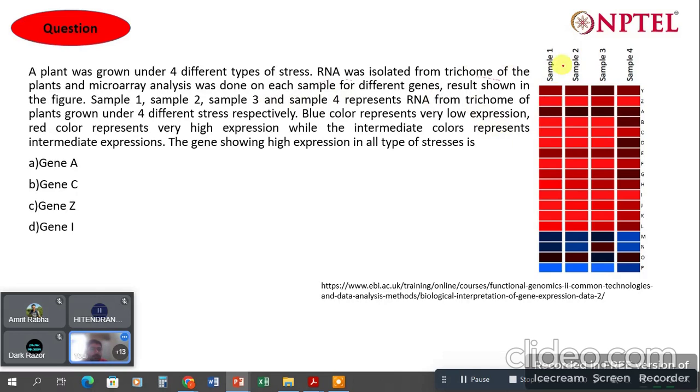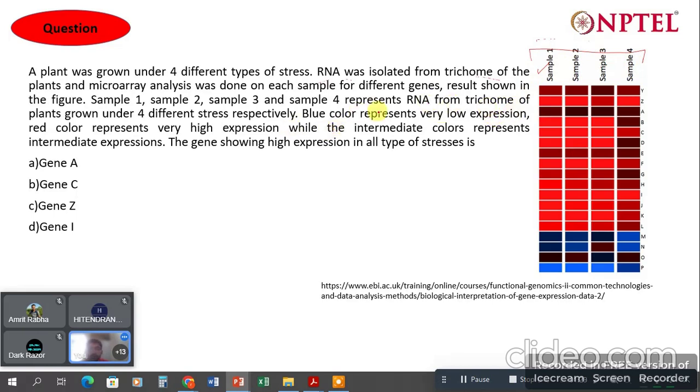So as you can see, this is the mRNA content after microarray analysis. This is the result that we got after analyzing the data from the microarray. This is for sample 1, that is in stress 1, and likewise stress 2 sample 2, stress 3 sample 3, and stress 4 sample 4.